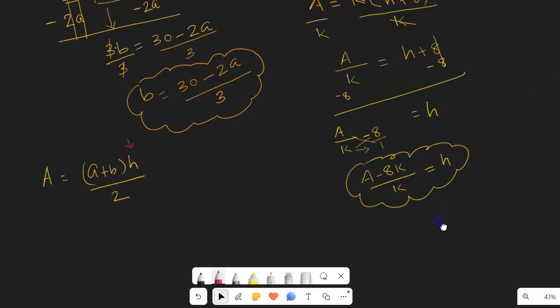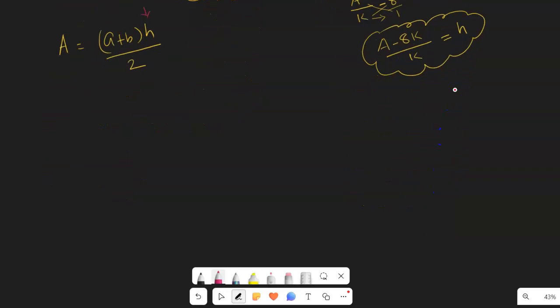Like what I told you before, we need to check what we need to do first. What we need to isolate h. What are the things we don't need at this point? We don't need a plus b, that is a multiplication, and we don't need this denominator too. So if we have such a fraction, try to eliminate the denominator first.